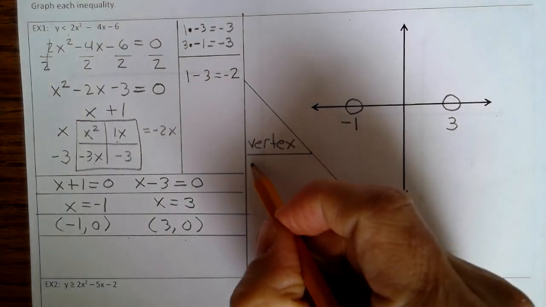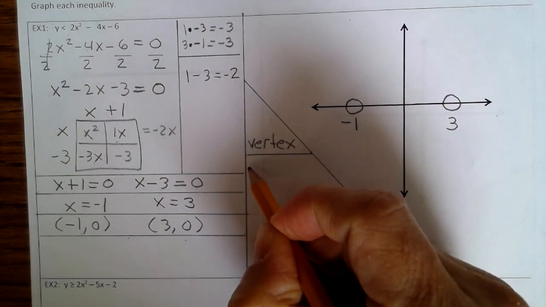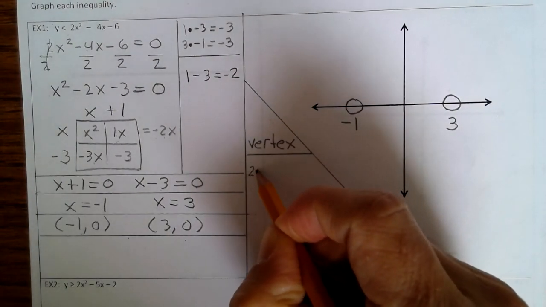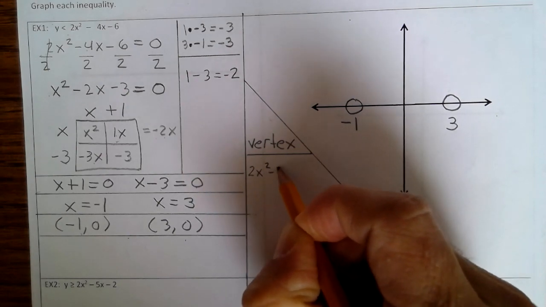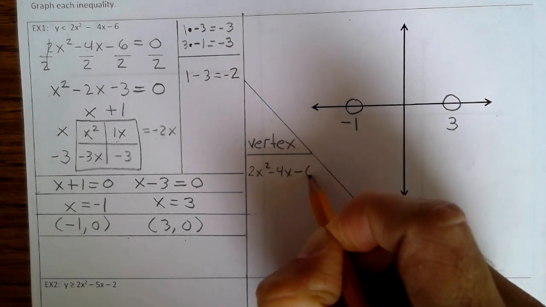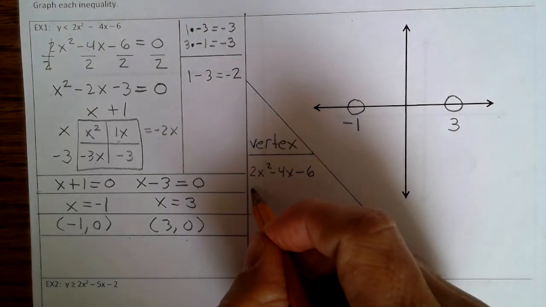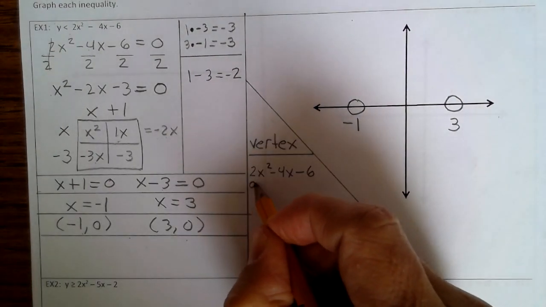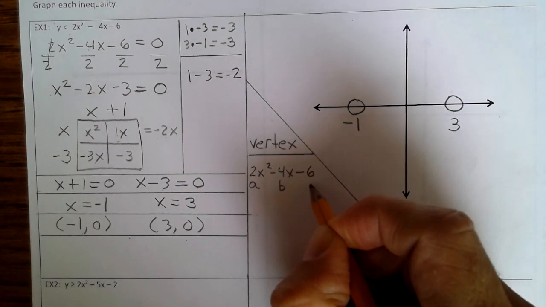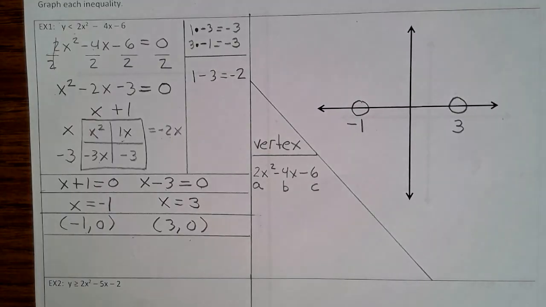Okay, now to find the vertex, we have the equation 2x squared minus 4x minus 6. Now, this is our A value, this is our B value, and this is our C value. Okay?